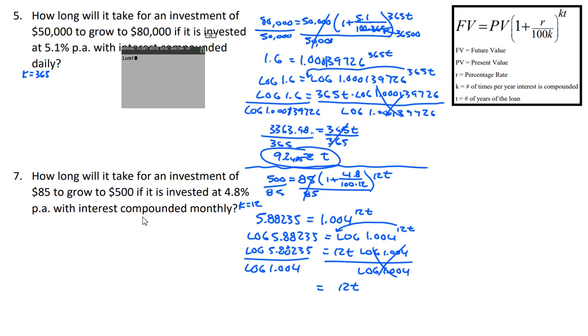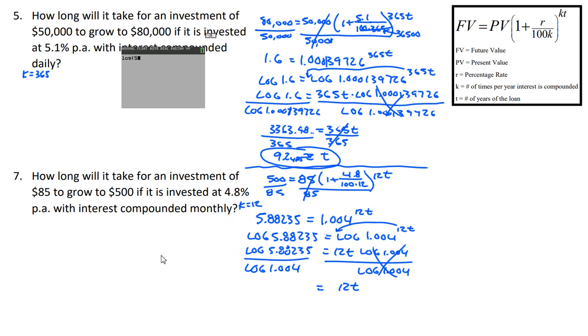So we're going to do log 5.88235. In fact, what I should have done here is, oh no, I guess we had that already. Let's just do it the way that we were doing it here. That should be fine.